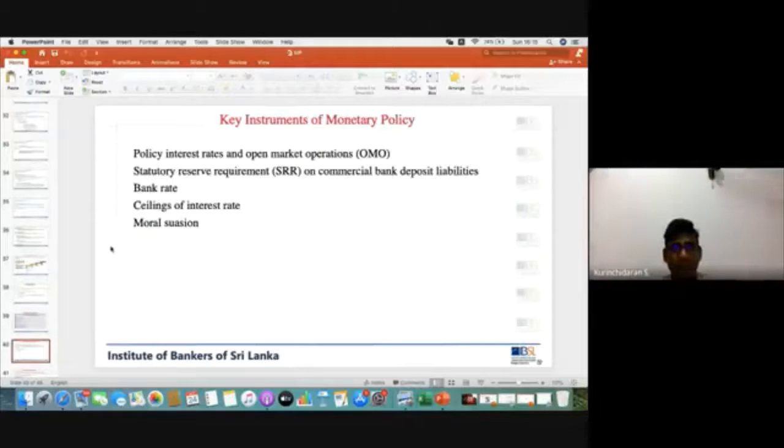In Sri Lanka, yes, the key instruments of monetary policy are OMO, SRR, bank rate, and sometimes ceilings on interest rates and moral suasion. So these are the key instruments used in Sri Lanka. We have studied what this is all about. So I just give a wrap up on the Sri Lankan monetary policy conduct, right?